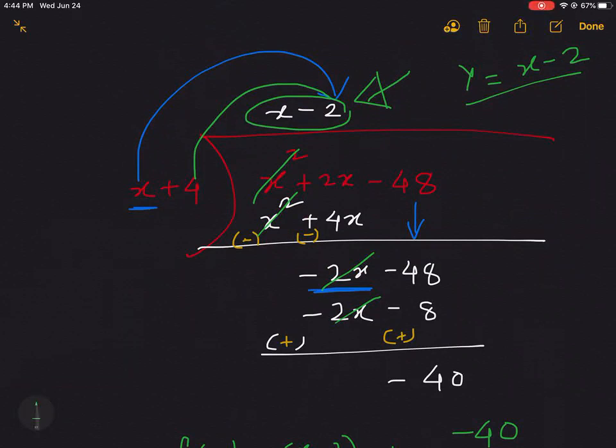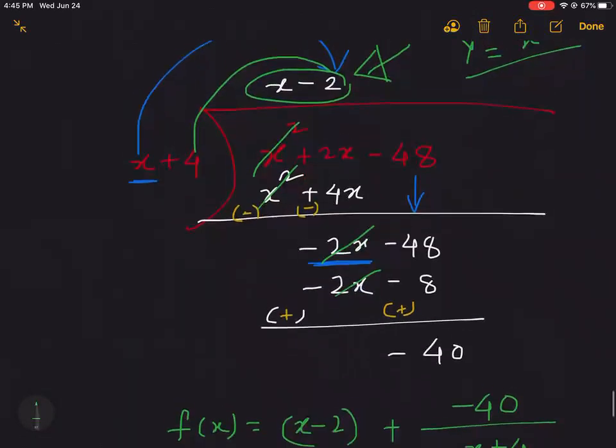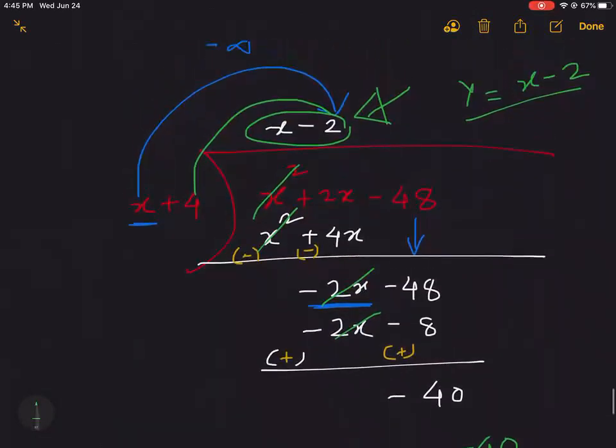It's not true for the vertical one though. Your vertical asymptote will always be untouchable. Your graph will never cross it. But for the oblique asymptote, your graph can cross for a certain interval, but for other intervals it will work as an asymptote as well. So let's see if our function can cross this x minus 2. And how can we calculate that?